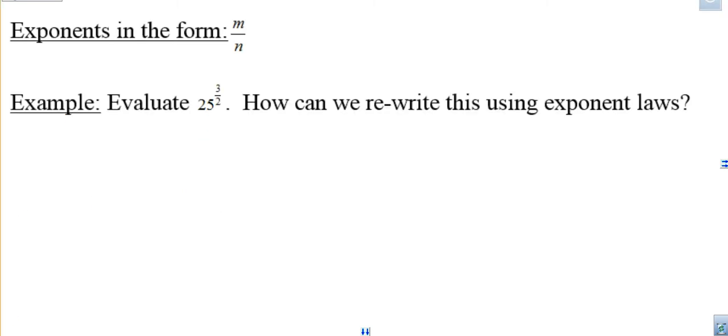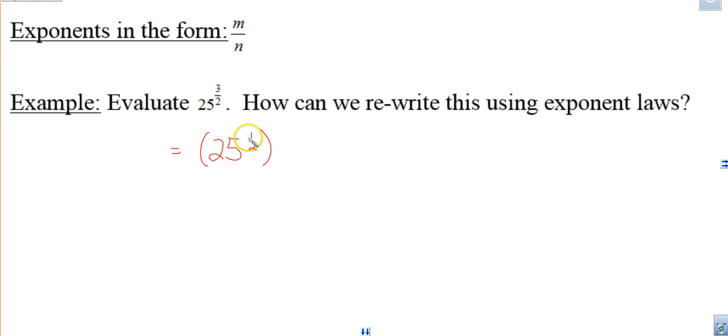Alright, so what happens if our exponents are in the form m over n? This means that we don't have a numerator of 1 this time. We have any sort of numerator with a denominator as well. So if I want to evaluate 25 to the power of 3 over 2, I want to rewrite that a little bit so that maybe I can use the same idea that we just did. So what I can actually write this as is 25 to the power of a half.